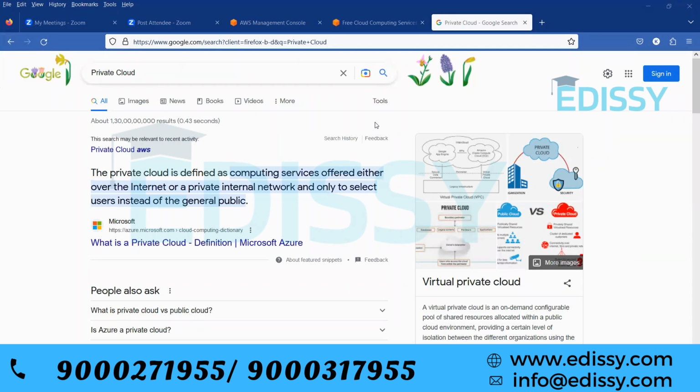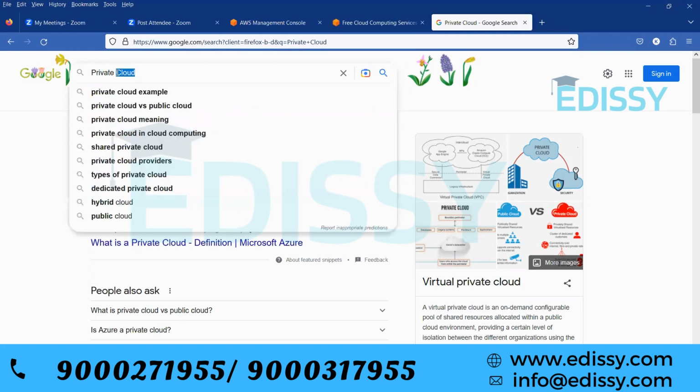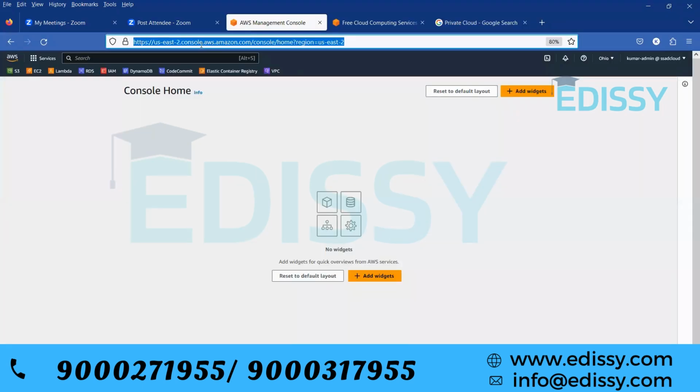Okay, well attempted. So I'll help you. See, when the cloud came in, there was no particular definition for public cloud or private cloud. Cloud is basically a solution that is offered to the outside world via internet services. So via internet services, we offer services like AWS cloud; we are availing the services via the internet.